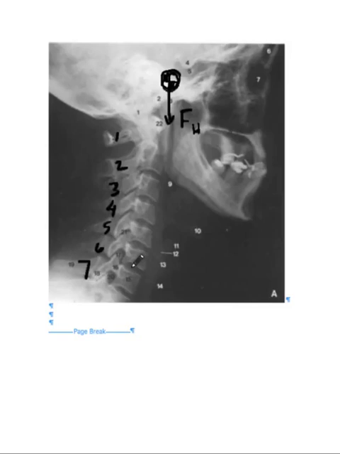So we could basically put the axis point here at the C6, 7 vertebrae, and we know that that goes through the intervertebral disc, and so that could be our axis point.